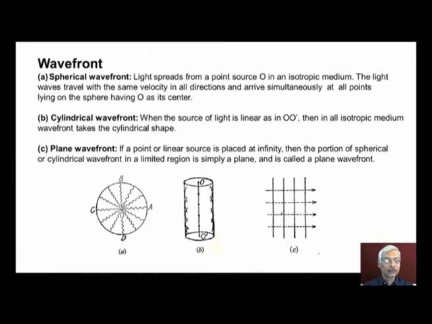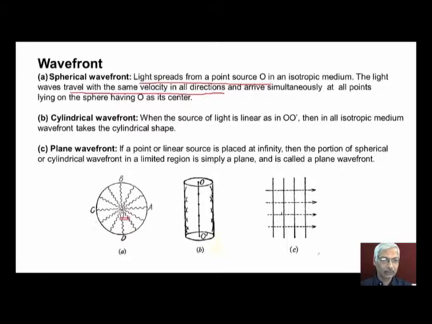shape. Now, when the light spreads from a point source O, you can see here we have a point source O, and light is spread in the waveform in all directions. The light waves travel with the same velocity in all directions.